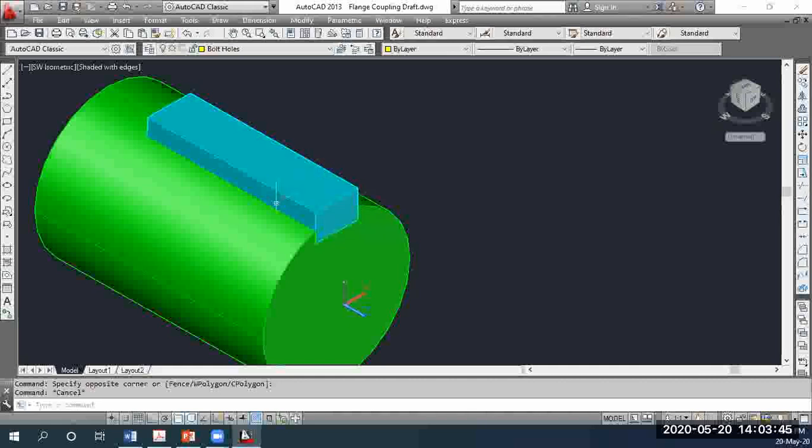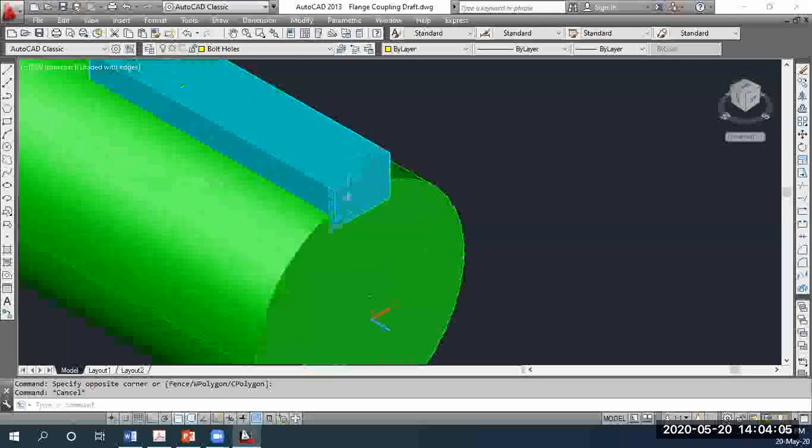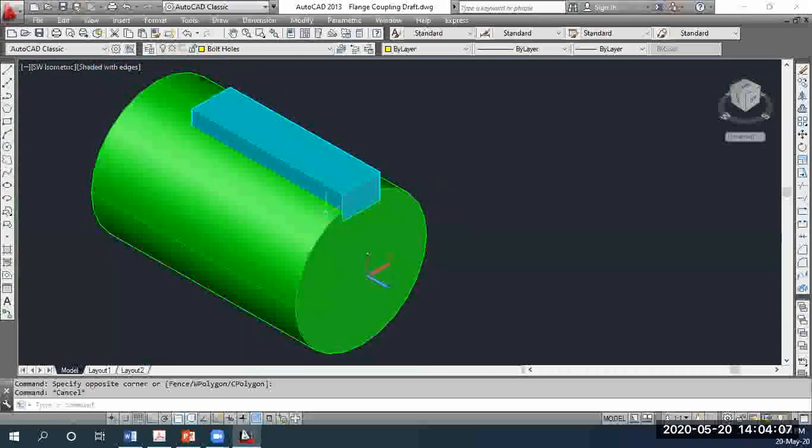We all know what it would look like: you'll have the shaft, and on top of that, you'll have the key. Now, how do you dimension the key? You know the width, you know the thickness, which is given in the assignment brief. What you had to do through your calculation was to determine the length of the key, how long the key would be. And as you can see, half of the key is inside the shaft, half is outside.